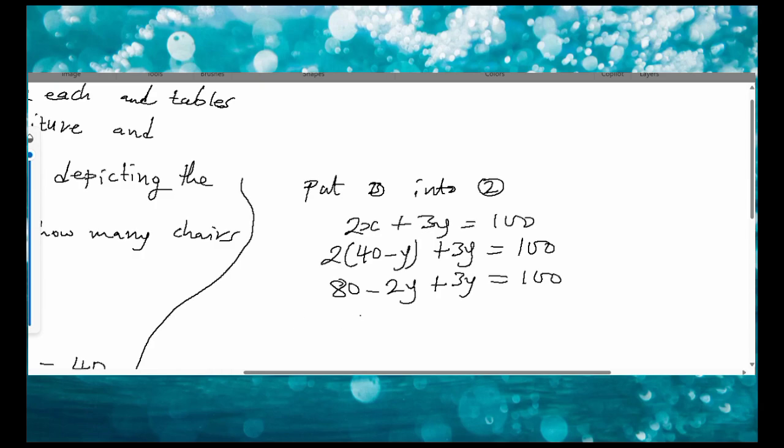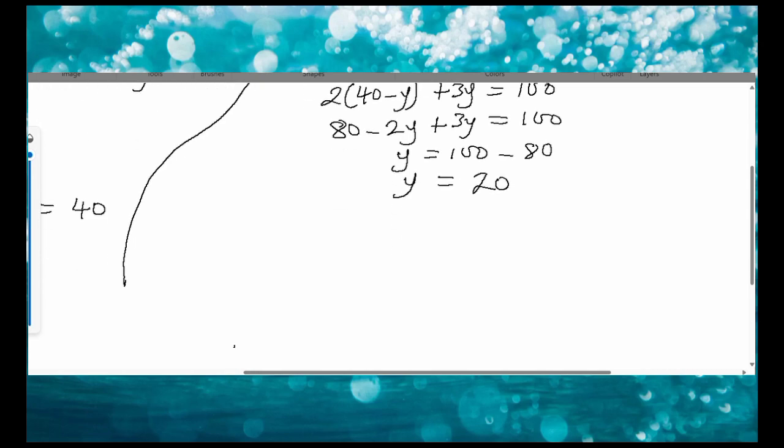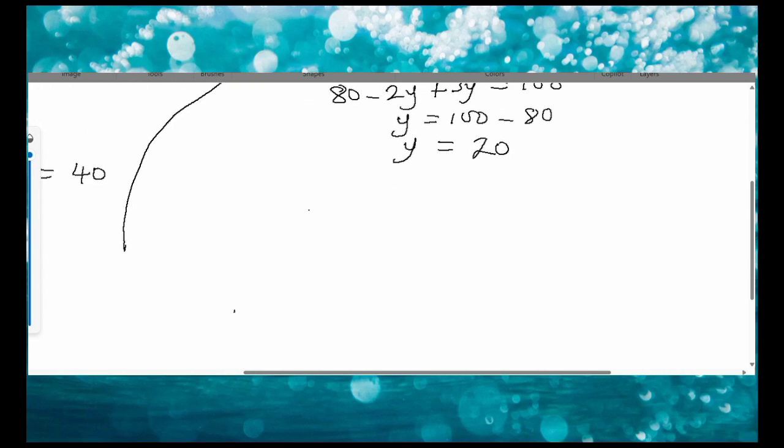So simplifying, we're going to have here minus 2y plus 3y, we're going to have y, equal to 100 minus 80. Then this 80, when we send it across the equality sign, becomes minus 80. So simply y will be equal to 100 minus 80. That will give us what? 20.